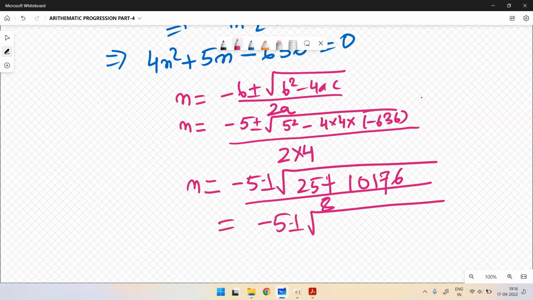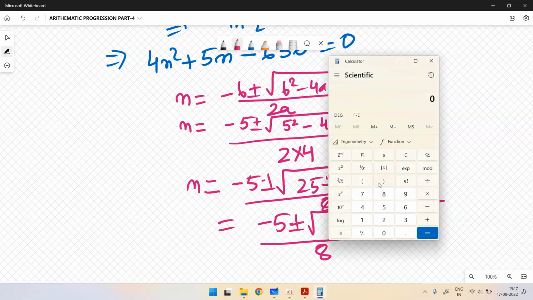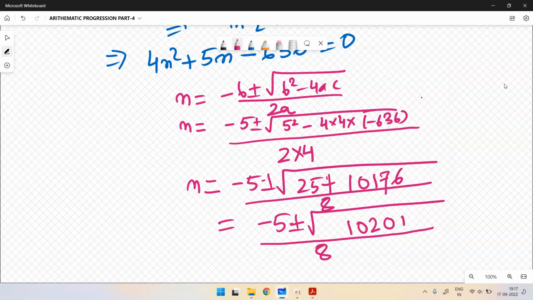If you add 25, this is 10201. I think this is a square of 101 only. So let me check with the calculator: 101 into 101 is 10201. So this is 101 whole square.